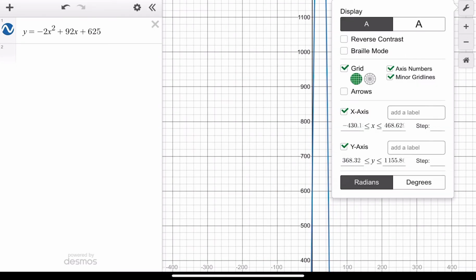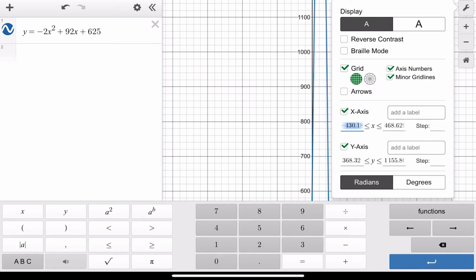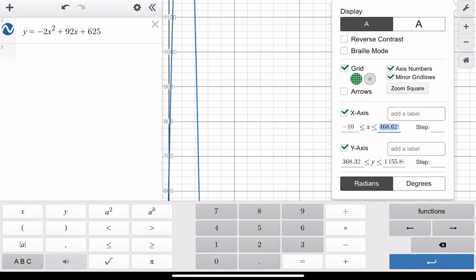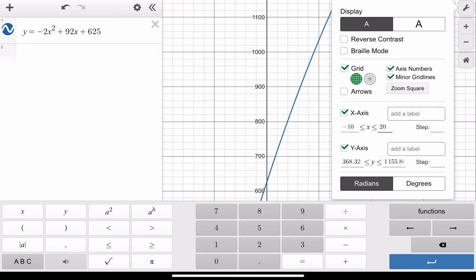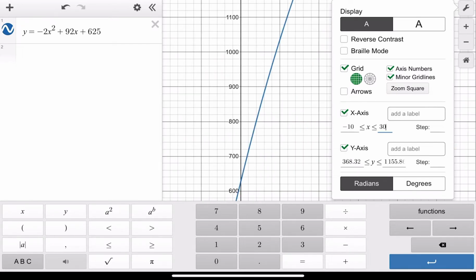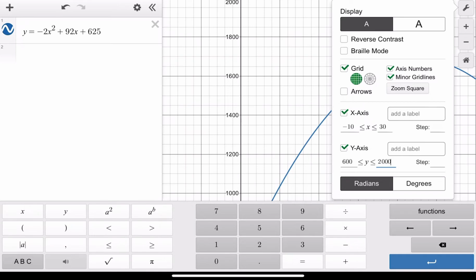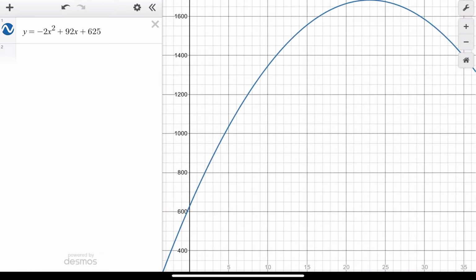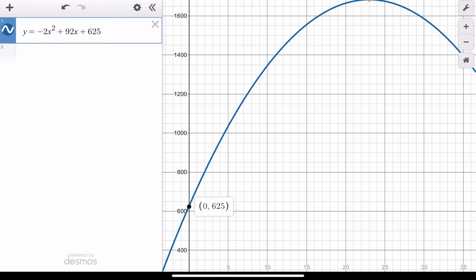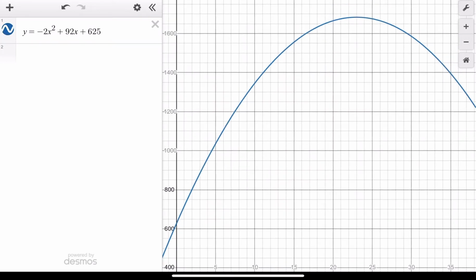I can see I've got a pretty big graph, so I might actually change my window settings to start at 600 and 2000. So now I can see a pretty good model. Here's that initial value of 625 bacteria, and I can see that I am growing and growing and growing to a particular point, and then it starts to shrink.